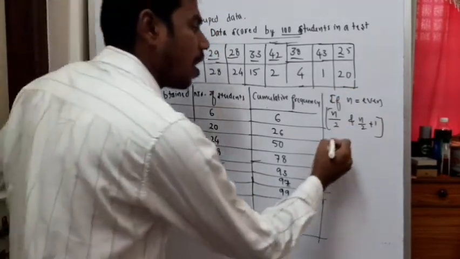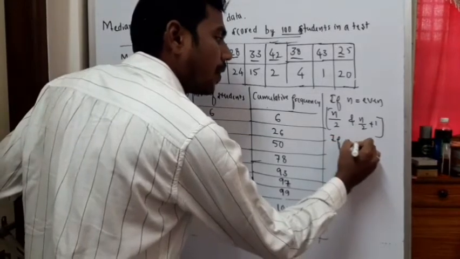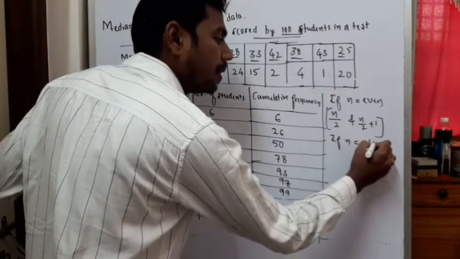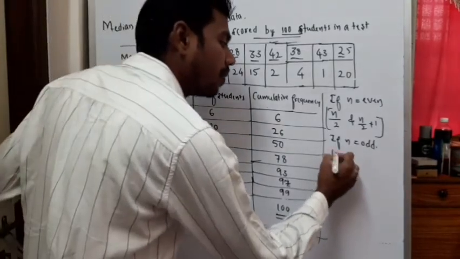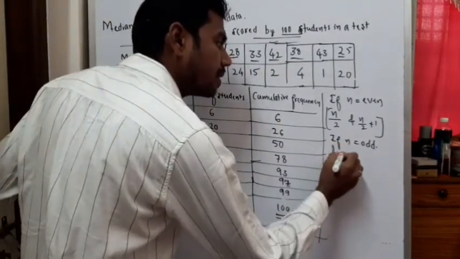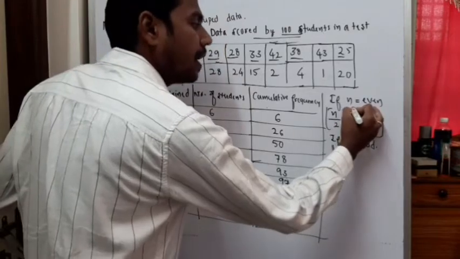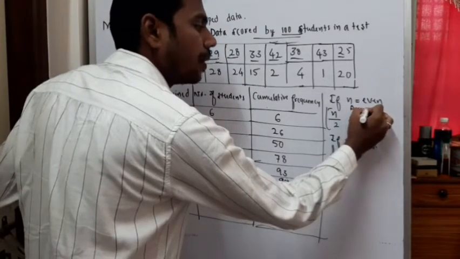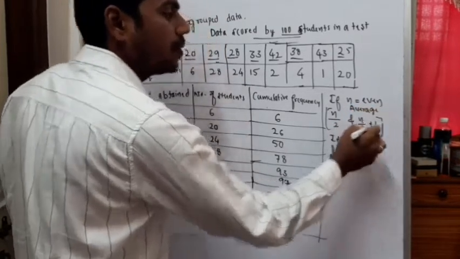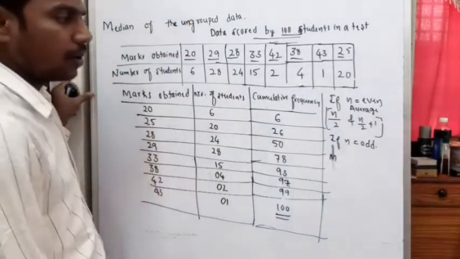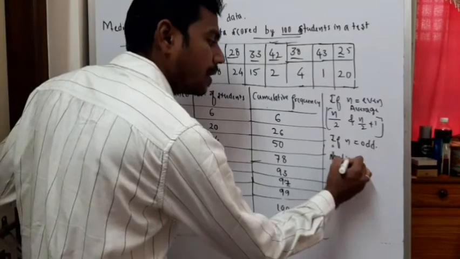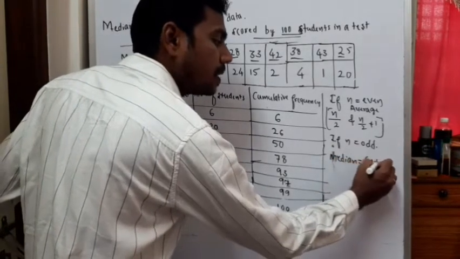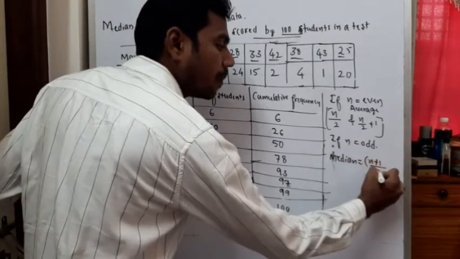If n is odd, then what is the formula to find the median? Then median will be equal to n plus 1 divided by 2.